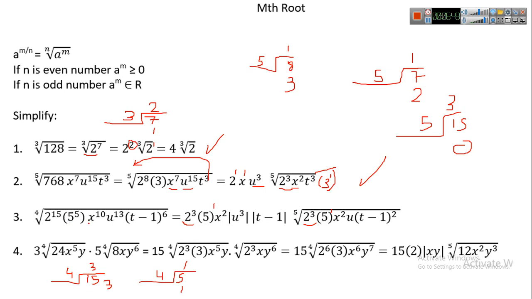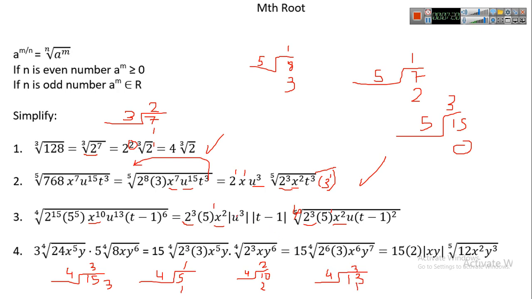If you take 10, 10 divided by 4, you have 2 and 2. So x squared outside and x squared inside. Here, no need to put absolute value, this is a fourth root, because x squared is even. 13 divided by 4: here 3 and the remainder 1.